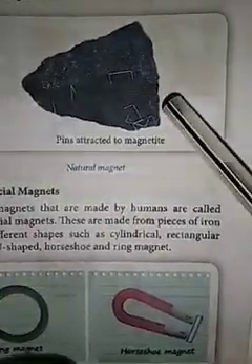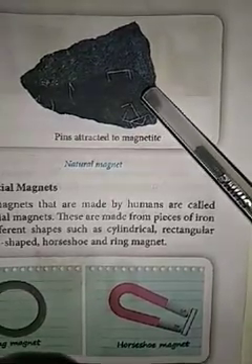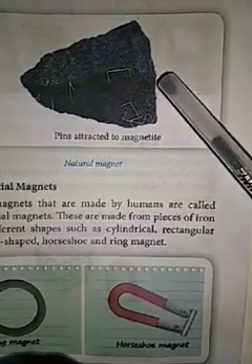The magnetic materials that are found in nature are called natural magnets. Magnetite is an example of a natural magnet.